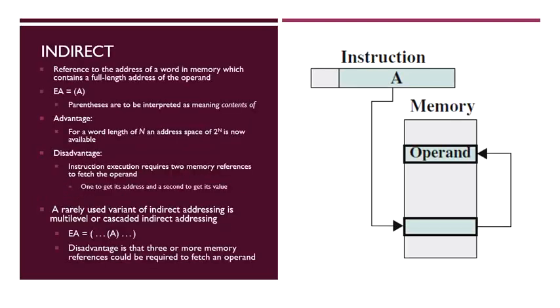The next addressing mode is the indirect. Inside the machine instruction, the address field contains a memory address which in turn contains another memory address that refers to the operand that needs to be fetched.